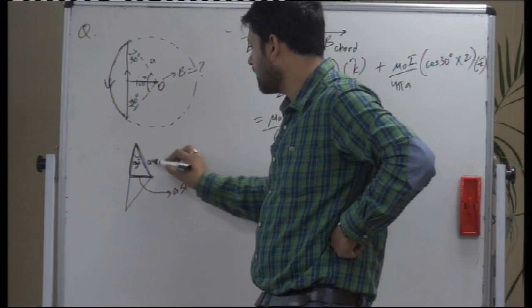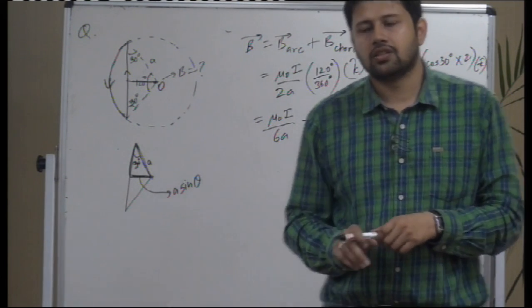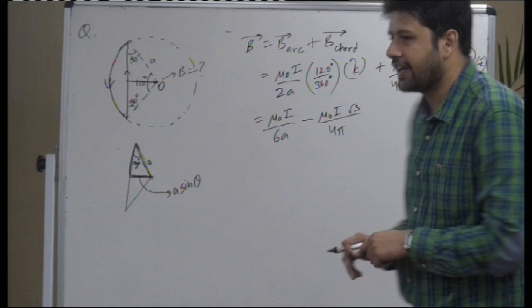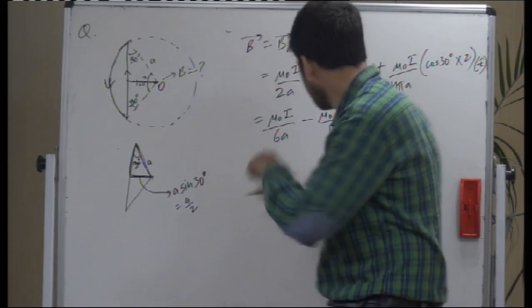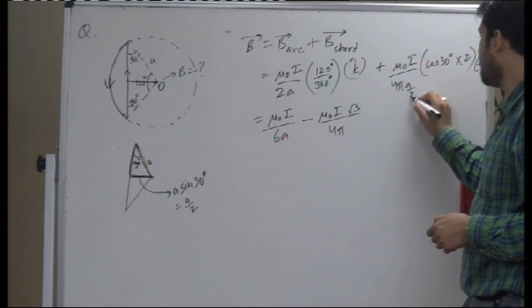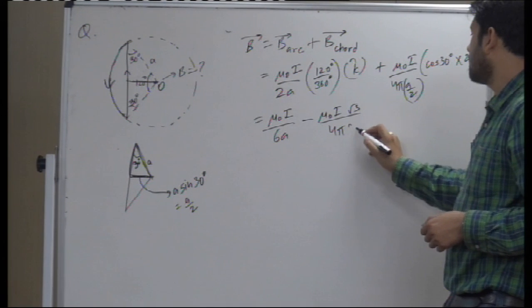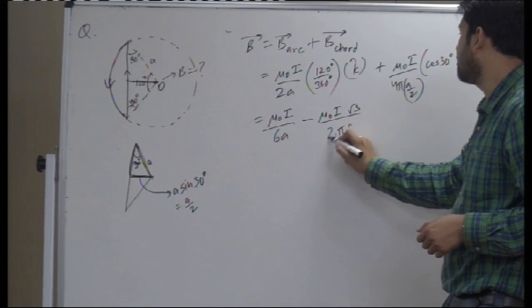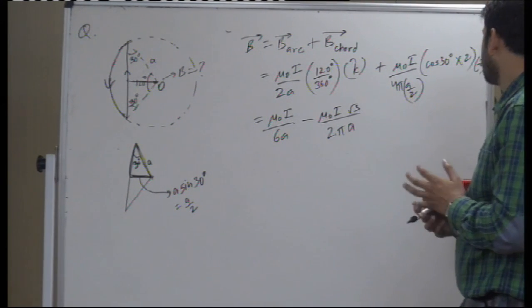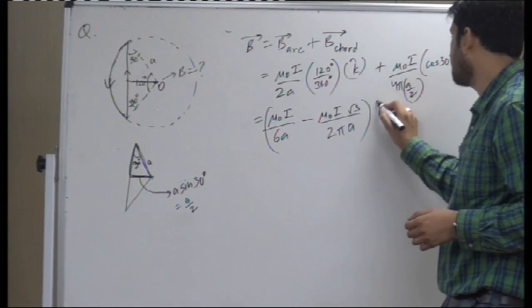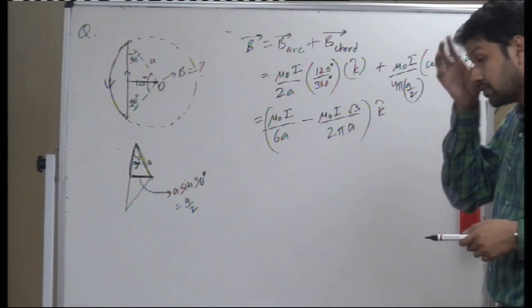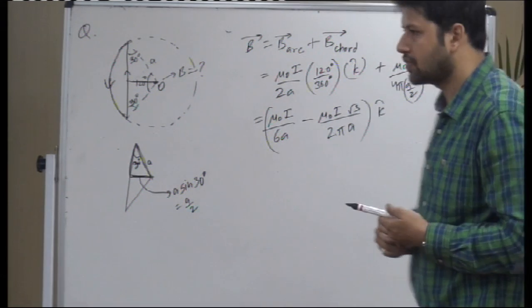The side in front of 30 would be sine of that, sine of the hypotenuse. So A sin 30 degree, A by 2. So the distance I should be taking as A by 2. So this would be 2 pi A. Okay, whole of this k cap.